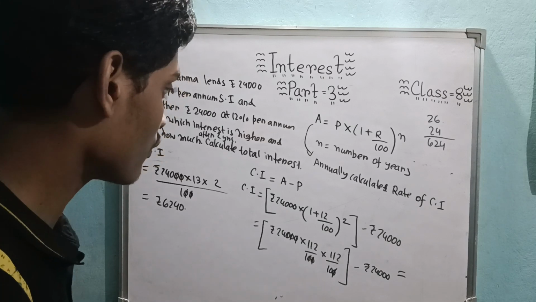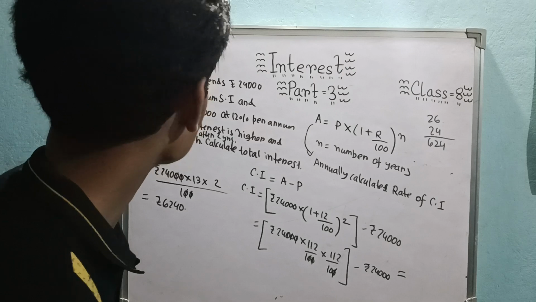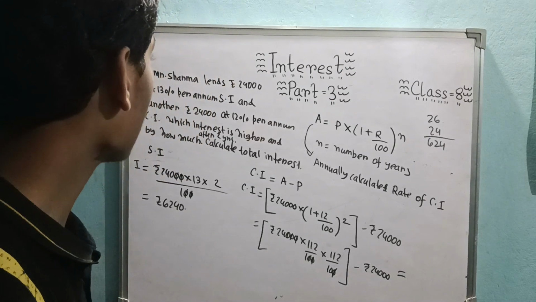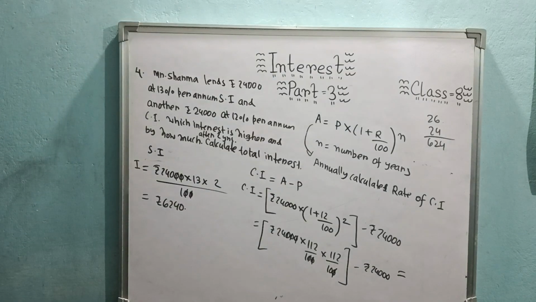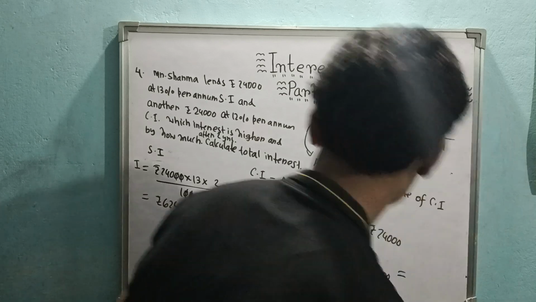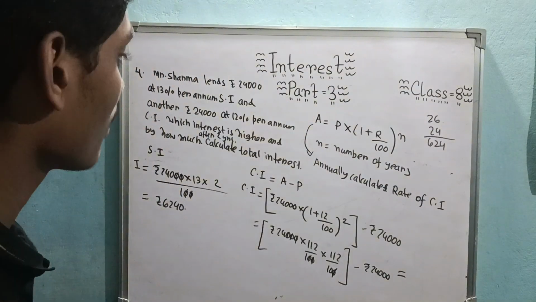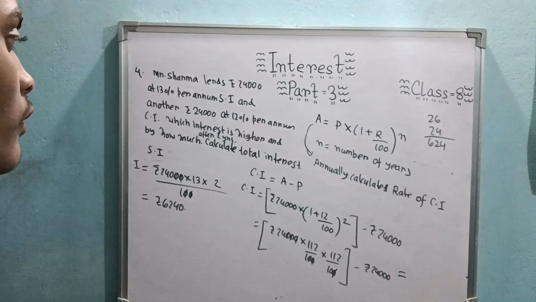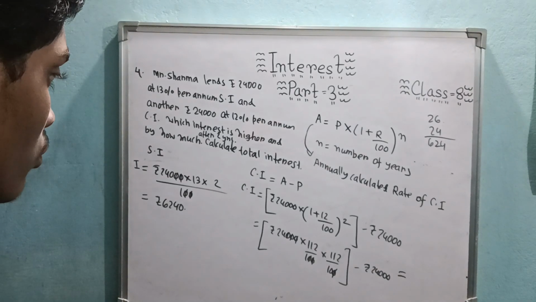Some strange things which I can see here. Time was 2 years, right? I think I wrote it correctly. Amount minus principal, yes, that's correct. I'm not doing anything wrong.